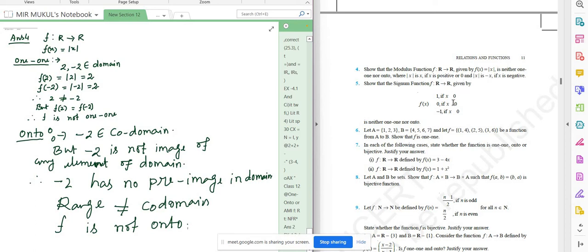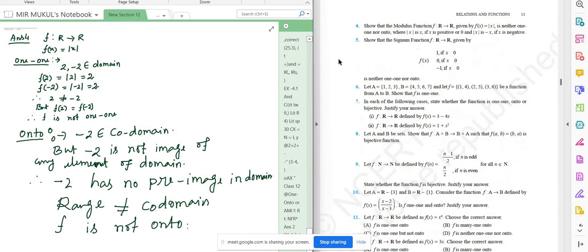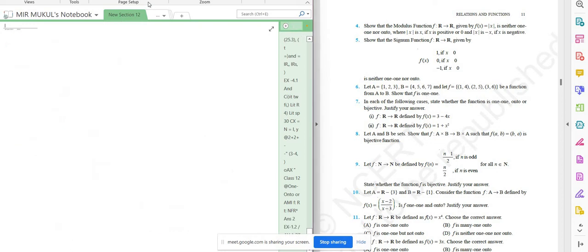So range is not equal to codomain, so it is not onto also. So I'm not doing question number 5. Okay, question number 6. Let A equal the given set, B equal the given set, and f be the given function from A to B, so that f is one-one. So question number 6.